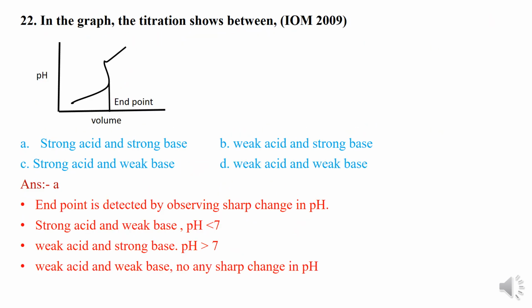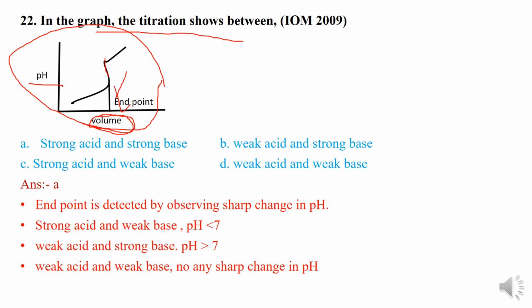Next question. In the graph, the titration shows between... Here is a titration curve between pH and volume. On the y-axis pH is written, and on the x-axis the volume of base added from the burette. This is the end point of the titration, and this straight line represents the sharp change in pH during the neutralization.